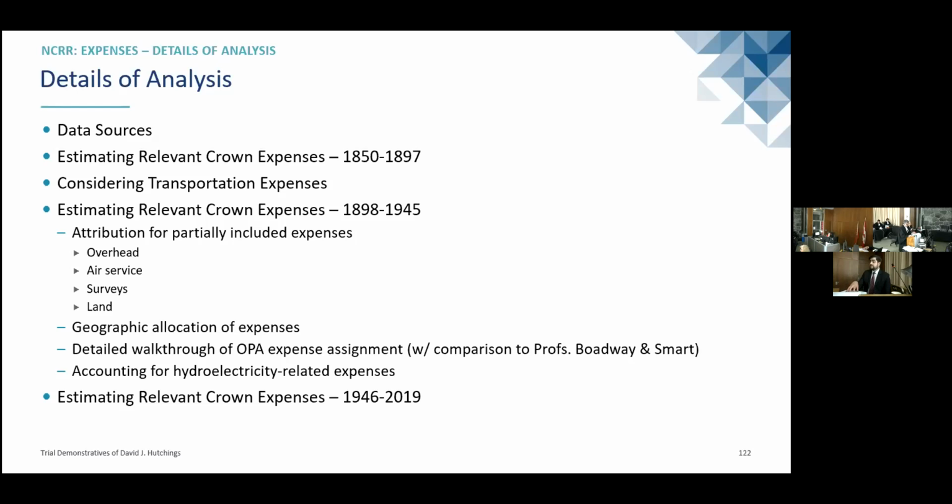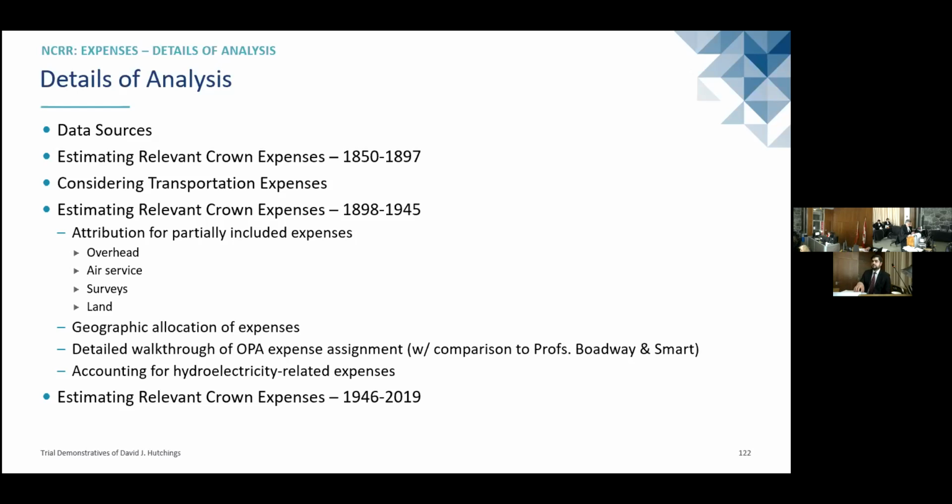Then when we get into the details of 1898 to 1945, I want to talk about the attribution of partially included expenses or partially relevant things. So this is the overhead we were talking about earlier.